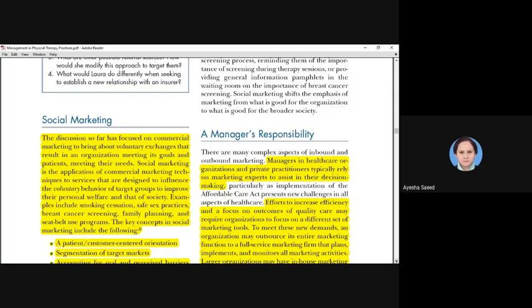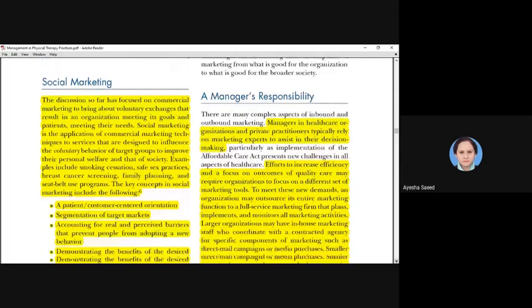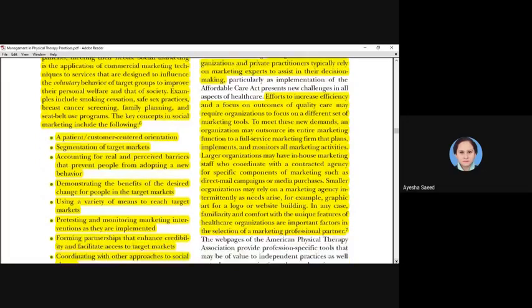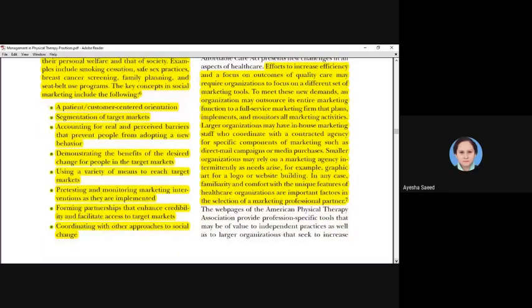The key concepts in social marketing include the following: a patient and customer centered orientation, accounting for real and perceived barriers that prevent people from adopting a new behavior, demonstrating the benefits of the desired change for people in the target markets, using a variety of means to reach target markets, presenting and monitoring marketing interventions as they are implemented, forming partnerships that enhance credibility and facilitate access to target markets, and coordinating with other approaches to social change.